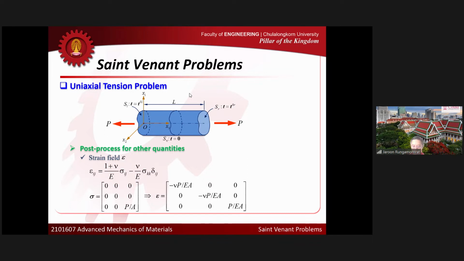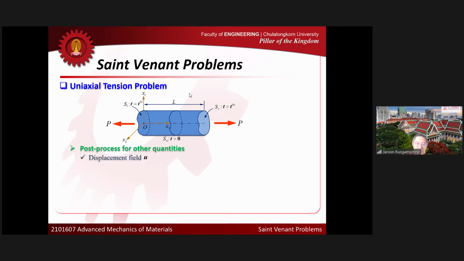And for the displacement field, we can get it from the integration of the strain-displacement relationship, right? We don't need to worry about the integration, because we confirmed before that the strain field that we got satisfies the Beltrami-Michell equation.